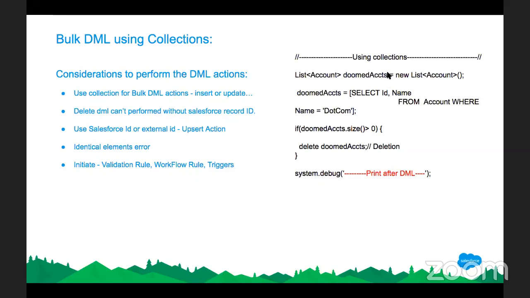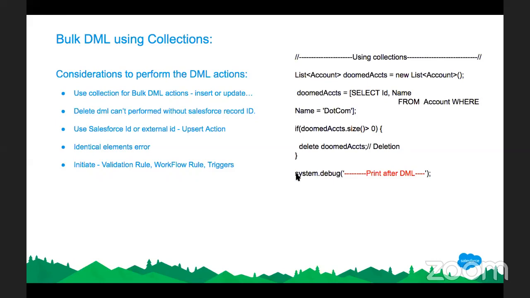The code will be executed in Apex one by one. First, it will initialize the query. Then it will capture the value in the doomed accounts, and finally it will delete it. And if you have some triggers in your system, whenever deleting accounts, first the trigger logic will be performed.